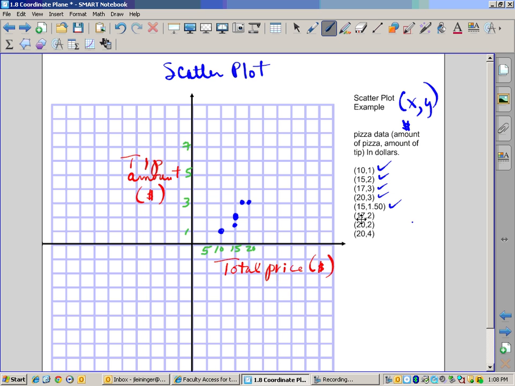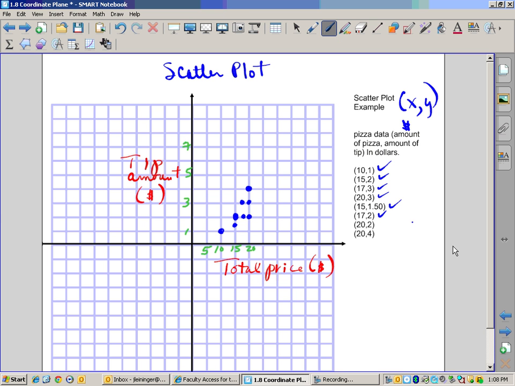And then the next time I sold a $17 order, I got $2, so I'm kind of right here. And then I sold $20 and got $2. And then I sold $20 and got $4, which is about right here.